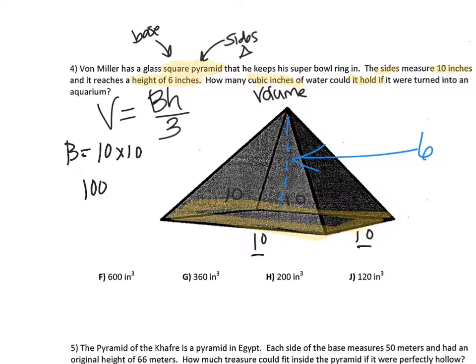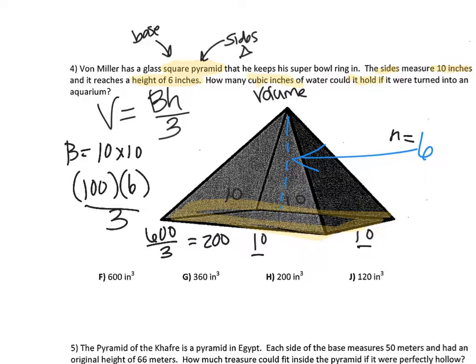Then 100 times the height of 6 is what? 600, divided by 3. That would be 200.